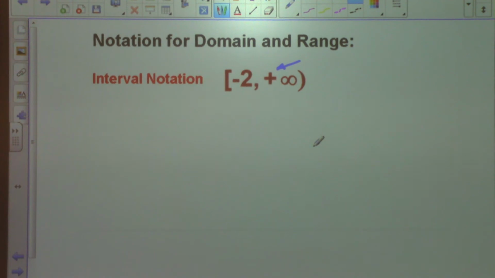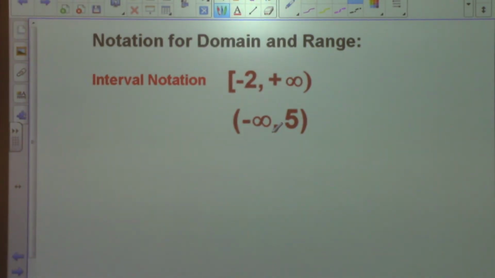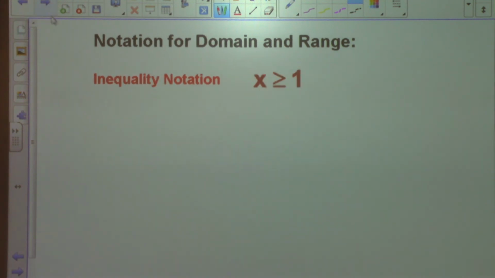That's acceptable if you do that for me. This is another example of an infinite interval. We're going to get some examples of those pretty shortly.